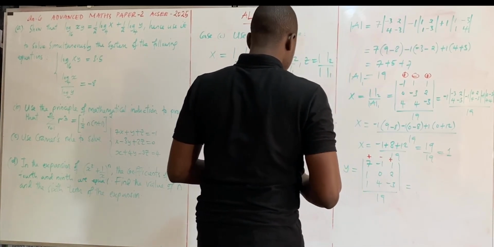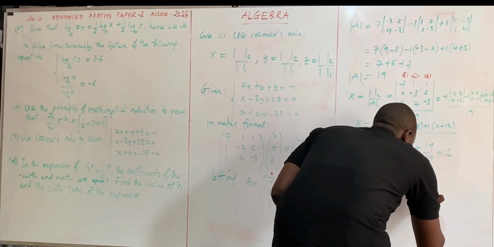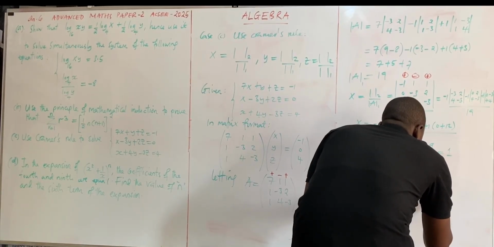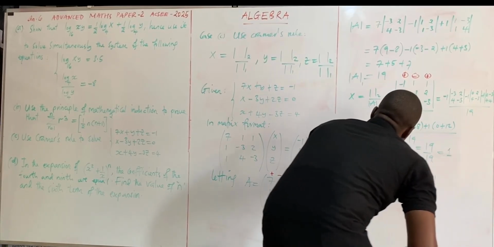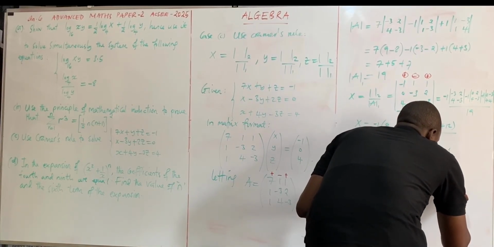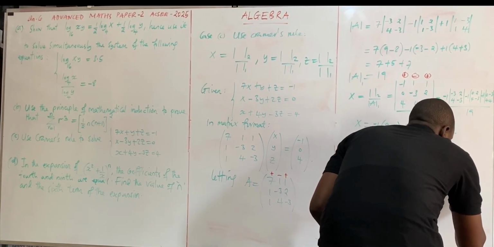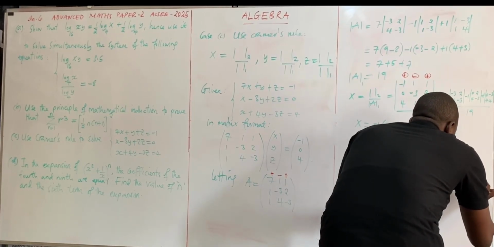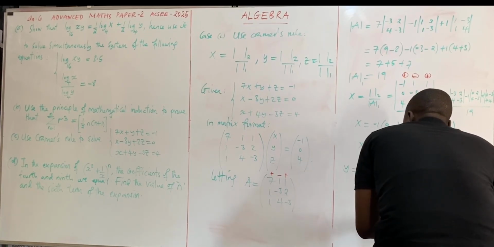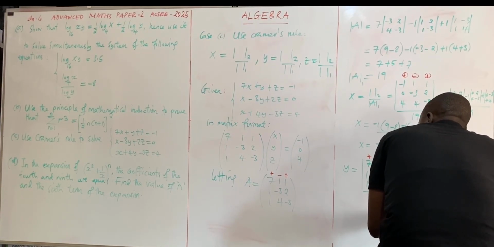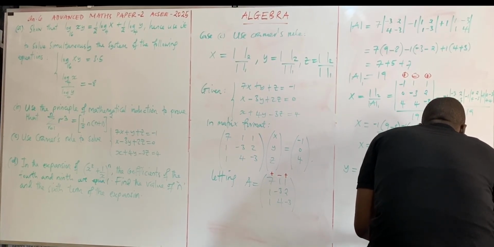So we take positive 7 out. So we remain with 0, 2, 4, -3. Then we take out -1, it means now we plus 1. This cancels out, so we have 1, 2, 1, -3. Then we take out positive 1. So here becomes 1, 0, then 1, 4. Divide by 19.